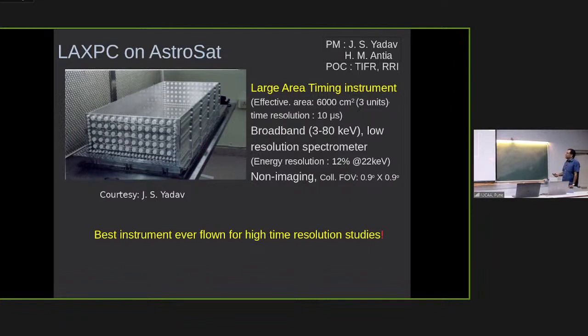The X-ray photons pass through this collimator, then go through this window and interact in the gas, and the electrons or signal generated are measured by one of these wires. This particular instrument has sensitivity in a broad energy band, up to 80 kiloelectron volts.